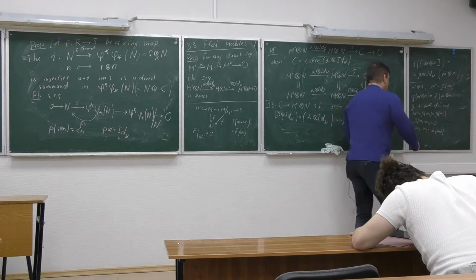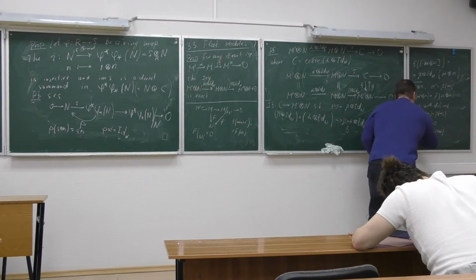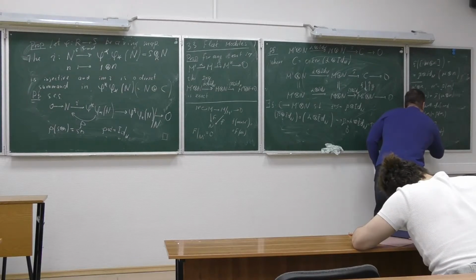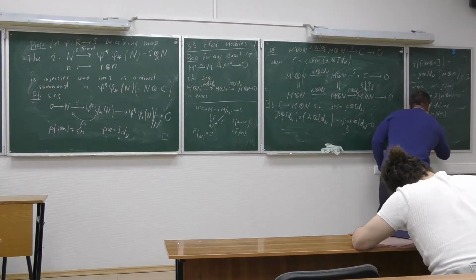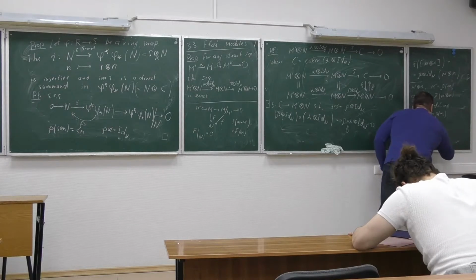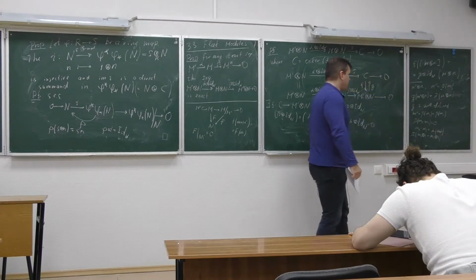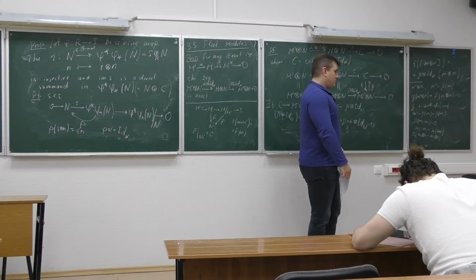Now, if you apply pi to M1 tensor N minus M2 tensor N, you want to see that the answer doesn't depend on the representative, so this has to be 0.